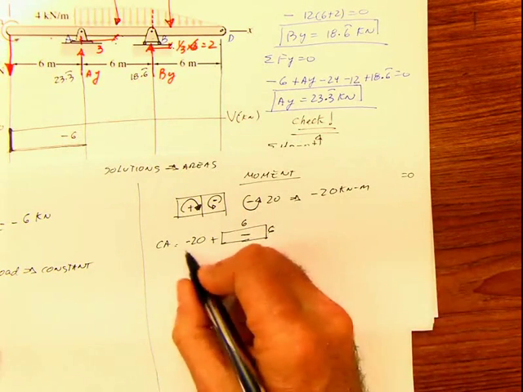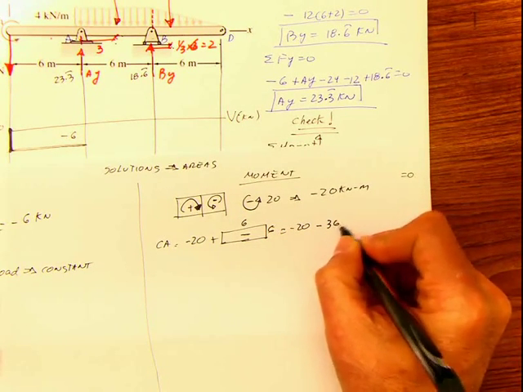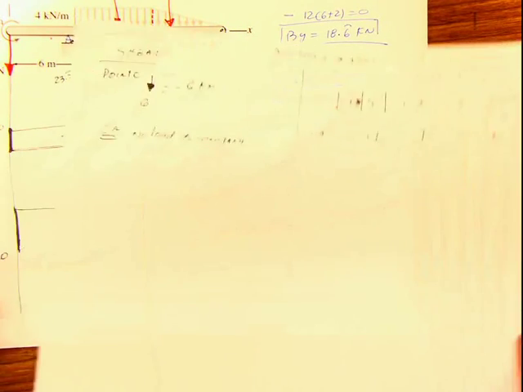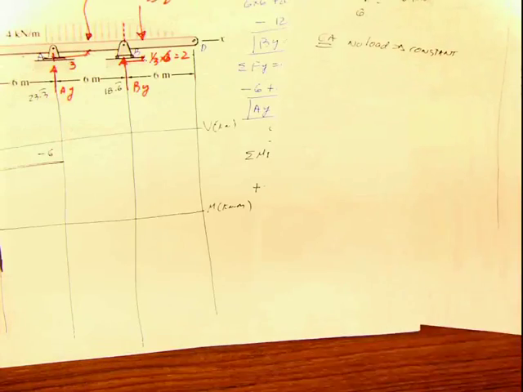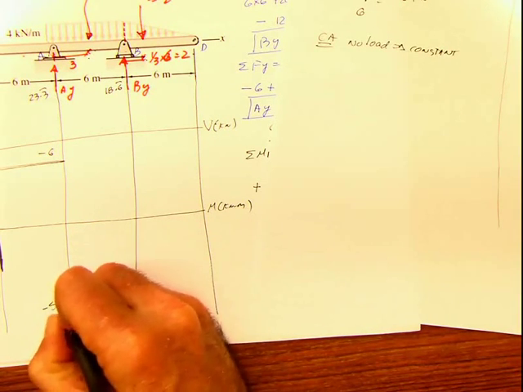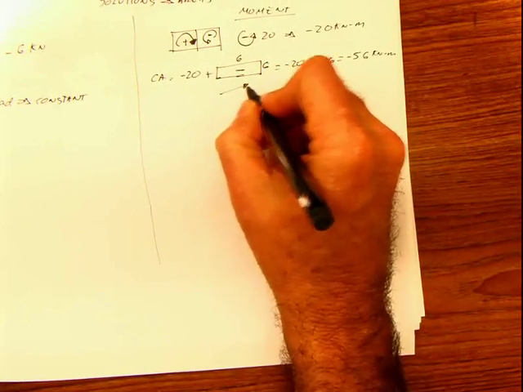So basically I have negative 20, negative 36, which gives you negative 56. That is the value for the moment, and the units of course are kilonewton meter. So from here it's going to go to negative 56 kilonewton meter, and because this is constant, then it's going to be a straight line.